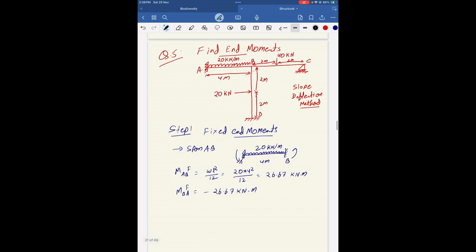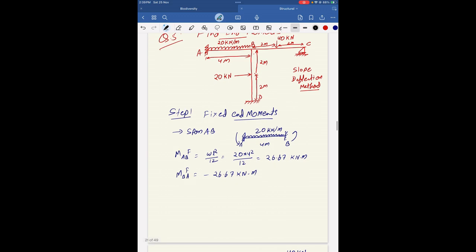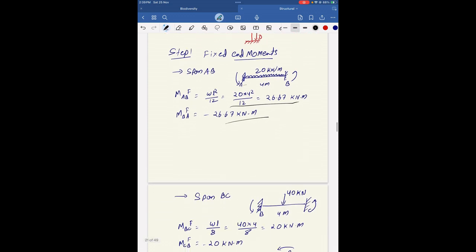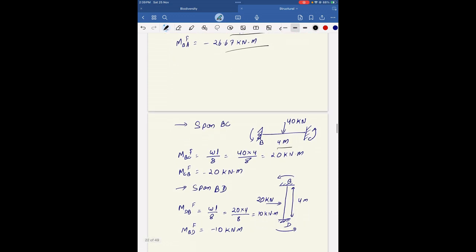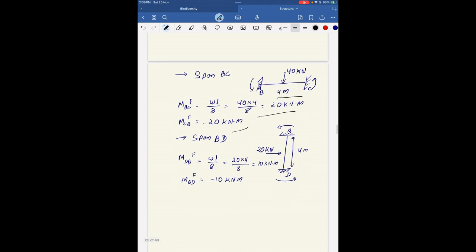So this is some different question, like at A and D is fixed support and C is roller pin support, and one member is vertical, at B and D is vertical. So similarly we find the fixed moment, like at AB distributed load, it is similar as we have done earlier. For span BC we have also done earlier.